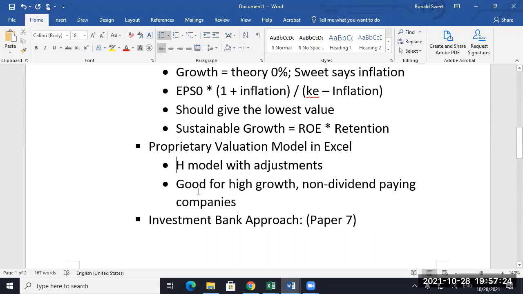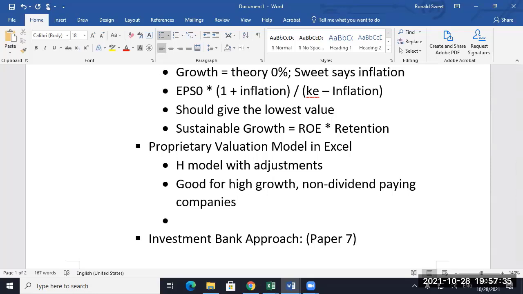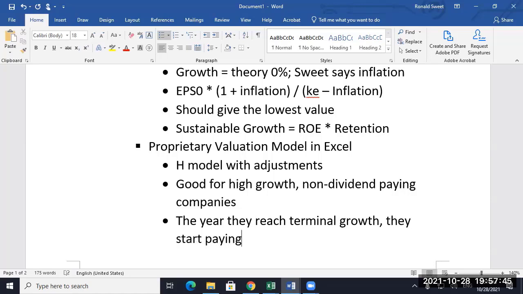Essentially what it assumes is their earnings grow at a rapid growth rate that declines over time. But as soon as they reach terminal growth, I'll put this in the assumptions here, the year they reach terminal growth, they start paying the normal dividend.